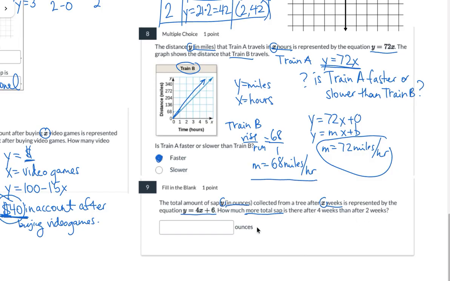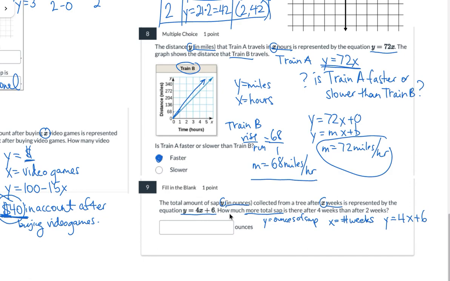So I'm going to write what I know down. I know that y is the ounces of sap. I know that x is the number of weeks. They gave me the equation y equals 4x plus 6 to describe the relationship between the ounces of sap and the number of weeks.